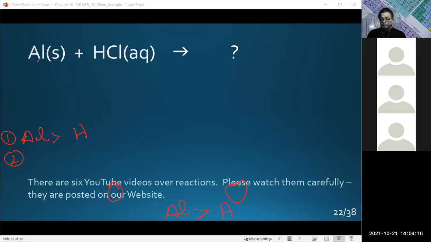Aluminum is in elemental form. The most reactive metal is in elemental form. So the answer is yes for a reaction. Okay. And so H plus, that is the ionic form of hydrogen, will generate H2.